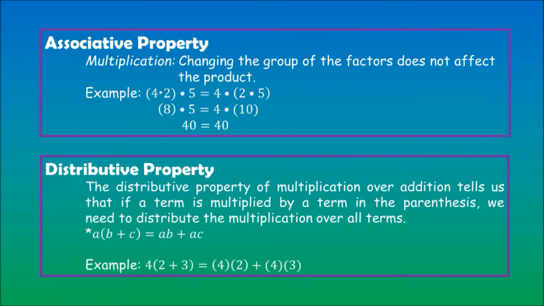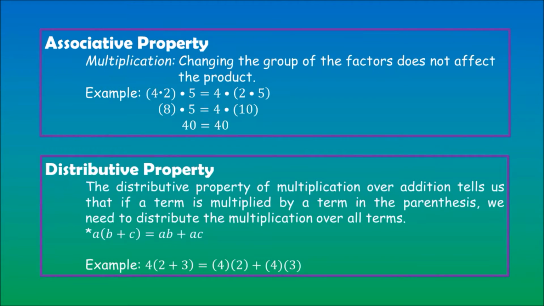Next property is the distributive property. The distributive property of multiplication over addition tells us that if a term is multiplied by a term in the parentheses, we need to distribute the multiplication over all terms.